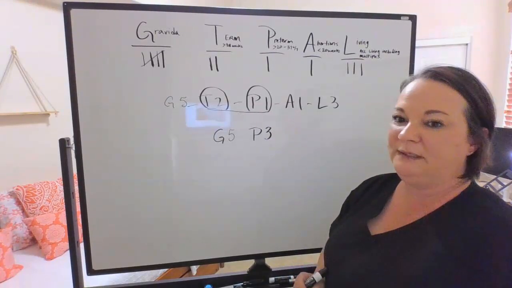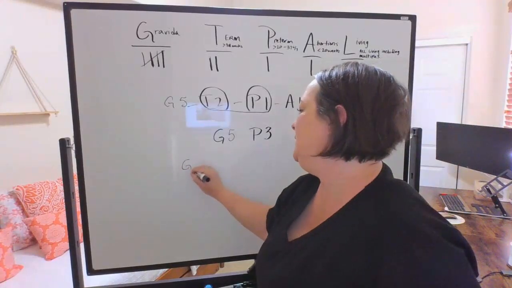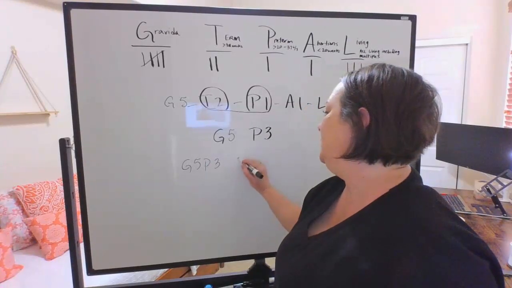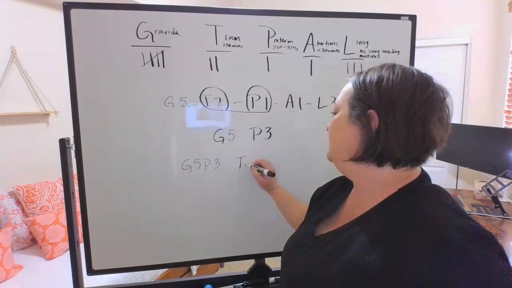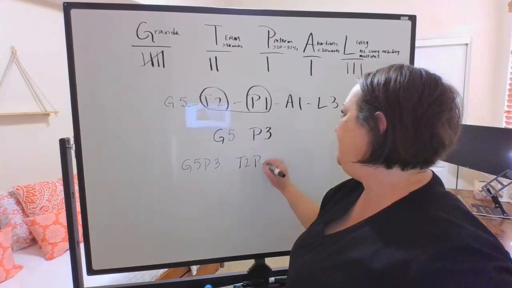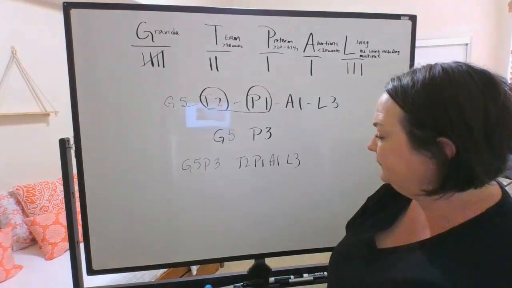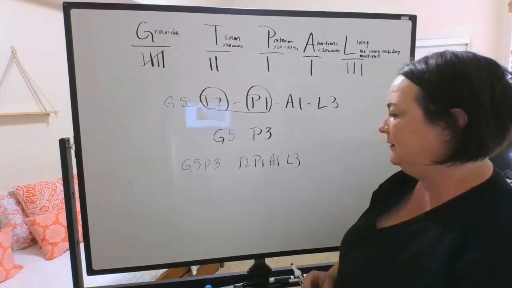Sometimes you'll see it listed as G5, P3, and then TPAL: T2, P1, A1, L3. Just another way to break it down, okay?